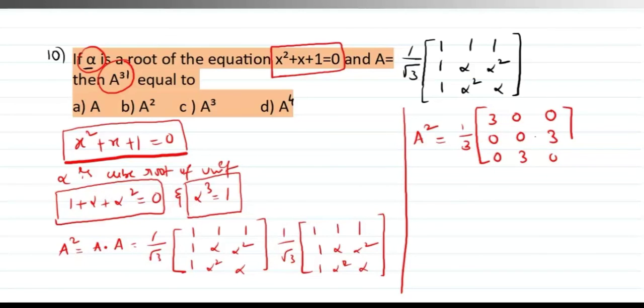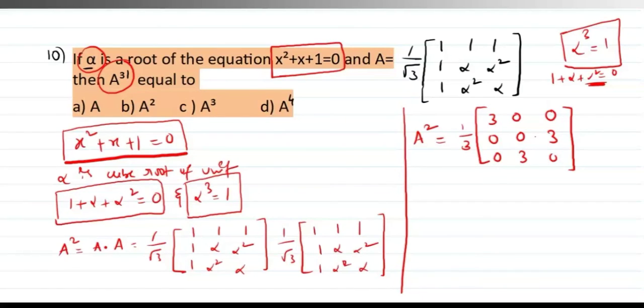Okay friends, meanwhile while you are doing this process, whenever we get alpha cube, that value is equal to 1 you have to take, and whenever we get 1 plus alpha plus alpha square, that value is also equal to 0. Apply these two conditions, we will get the resultant matrix A square. See, A square is equal to 1 by 3 times of [3 0 0; 0 0 3; 0 3 0], right? Then A square is equal to, if you divide by 3, you will get [1 0 0; 0 0 1; 0 1 0], right?